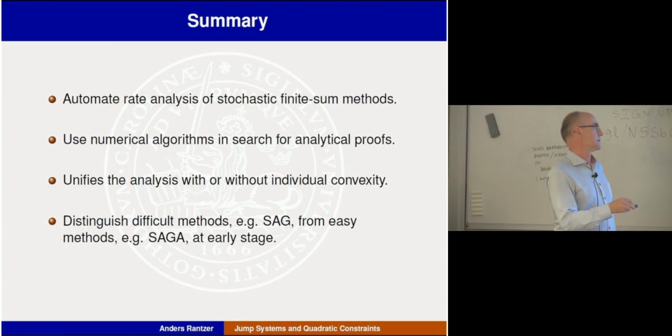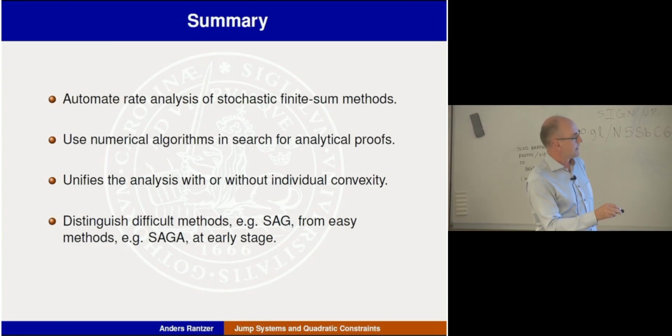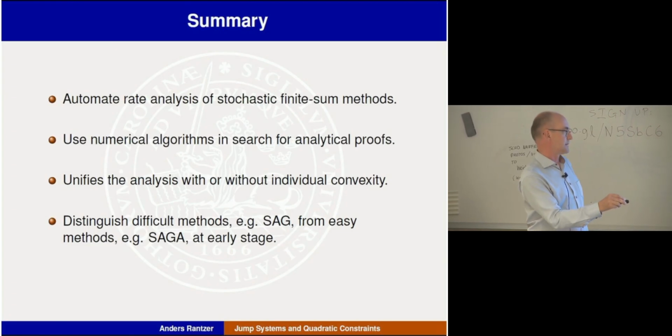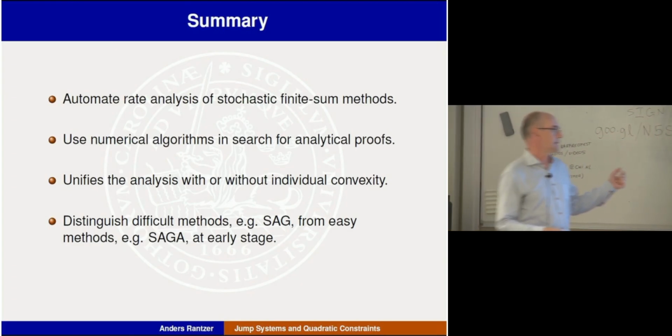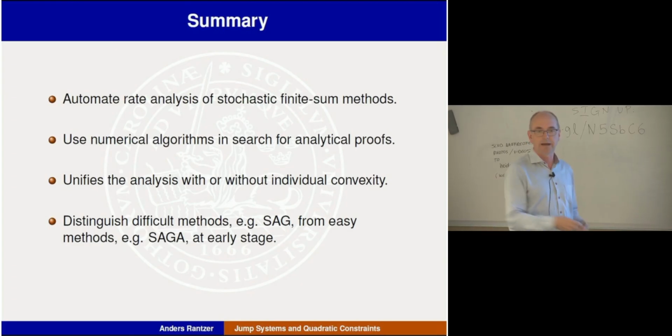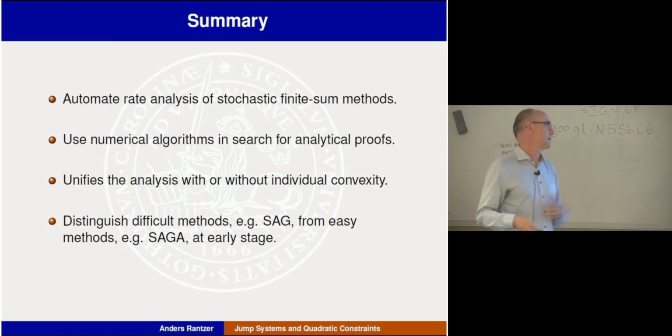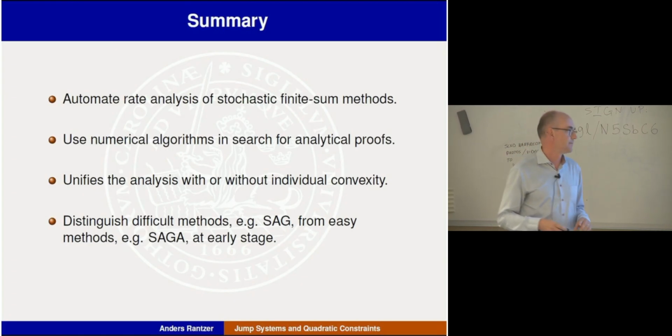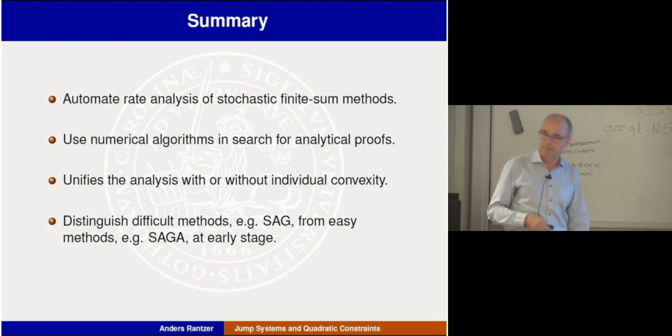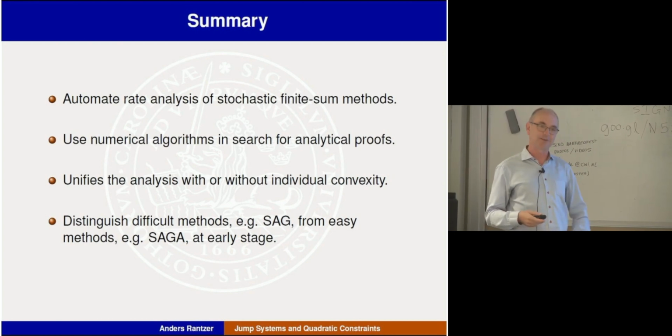And it allows us also to explain why some methods like SAG are more difficult than SAGA, because they require the use of more complex quadratic inequalities, essentially. There is much more to say about that, but my time is running out. So thank you very much for your attention.